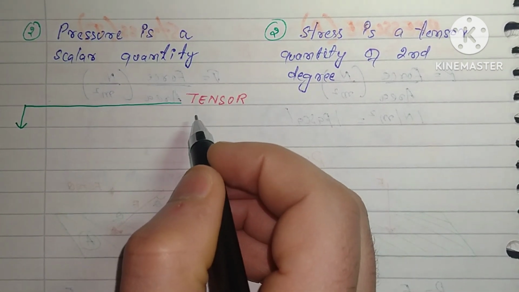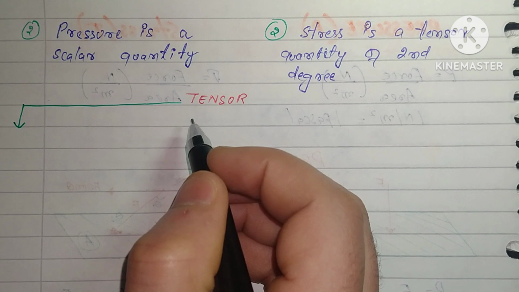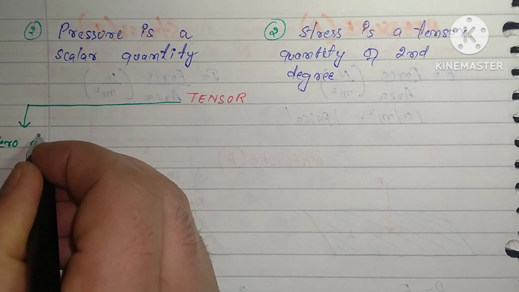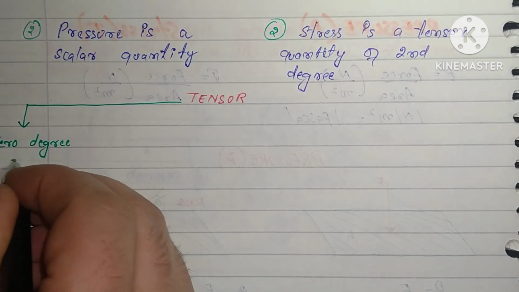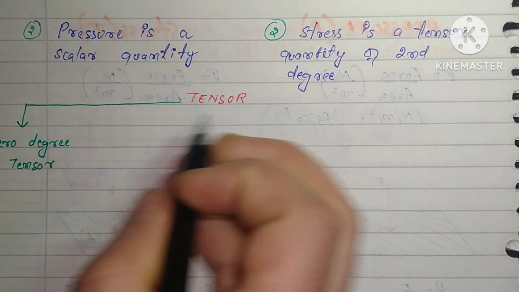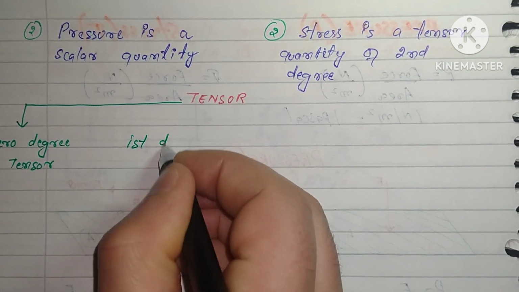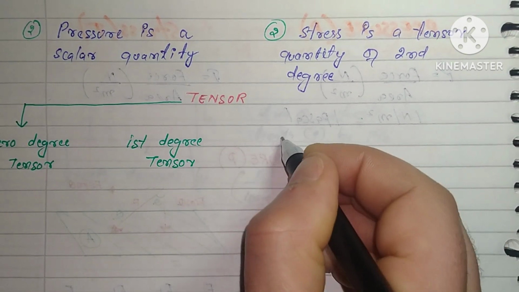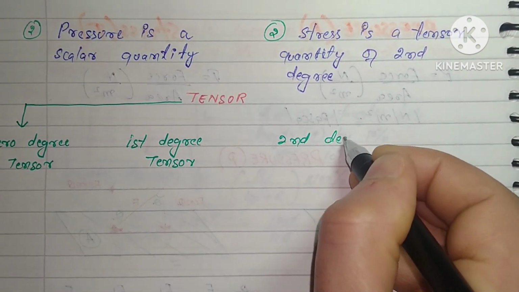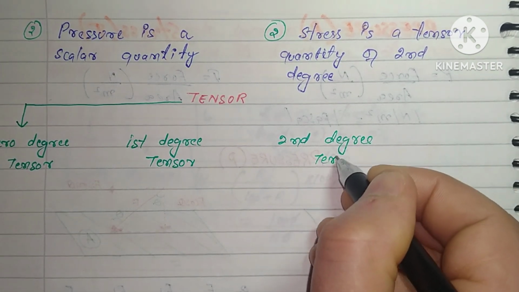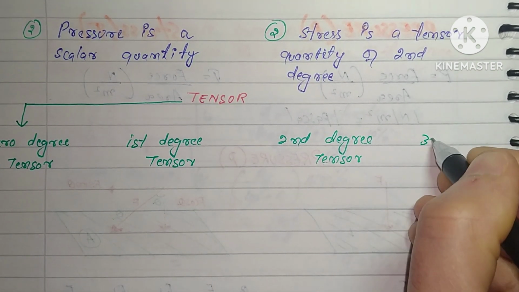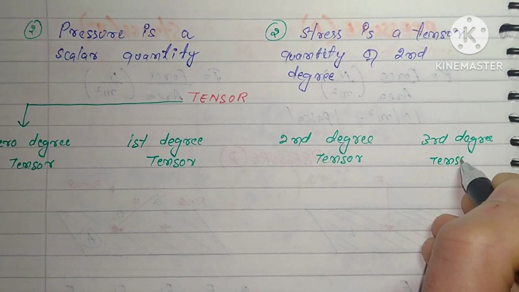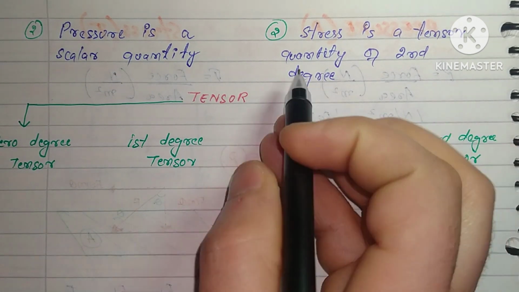Tensors have degrees: 0 degree, first degree, second degree tensor, and similarly third degree tensor, and so on, fourth and fifth degree tensors.